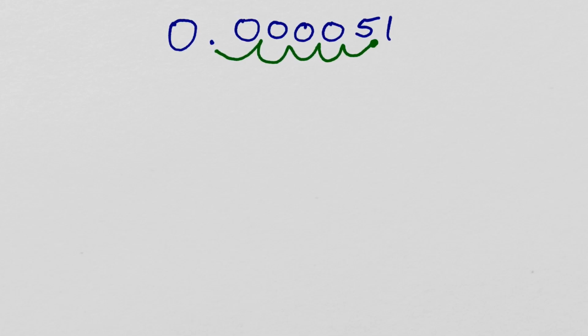Then we count how many times we bump that over. So that was 1, 2, 3, 4, 5 places. So our answer would be 5.1 times 10 to the negative 5.